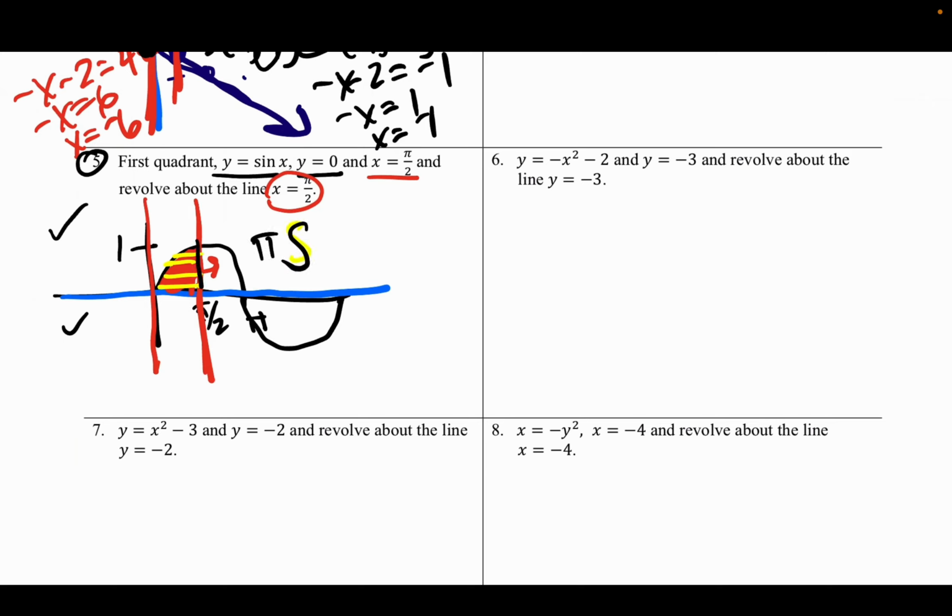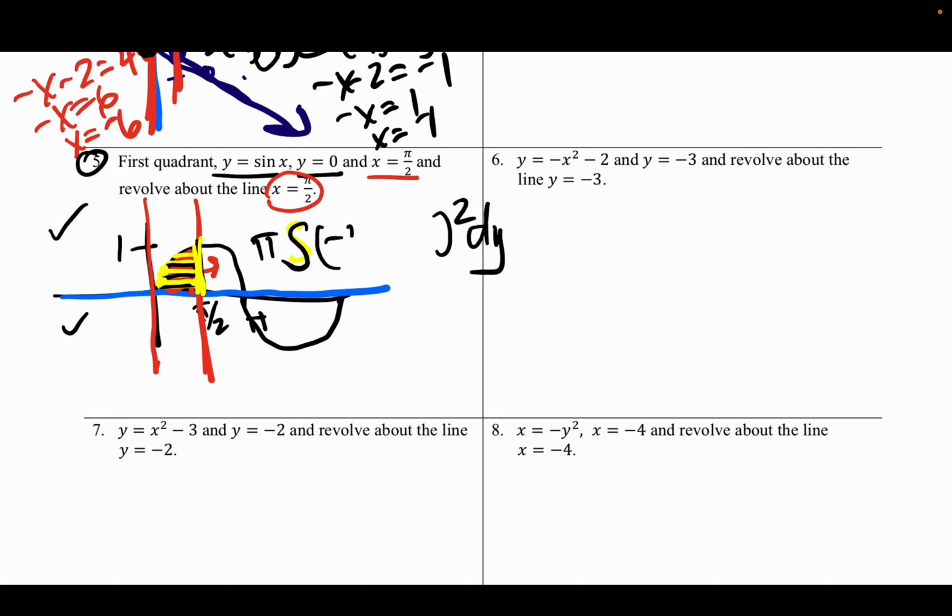I still don't have washers, so I just have one thing squared. But I just need to find the length of this. So you have one thing squared, but the one thing squared is the line minus the curve, and it's right up against what it's revolving around.